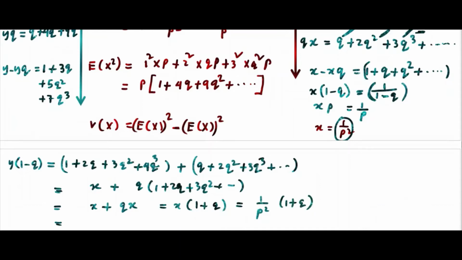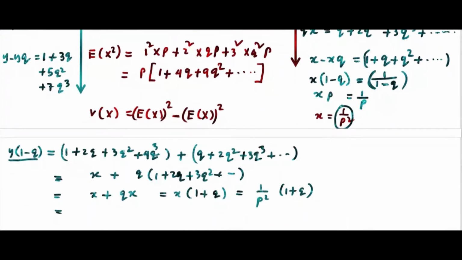So this is what we got, and that is y multiplied by 1 minus q. If you find y here, y will be equal to, you divide by 1 minus q. So 1 plus q divided by p square times 1 minus q. That is y.